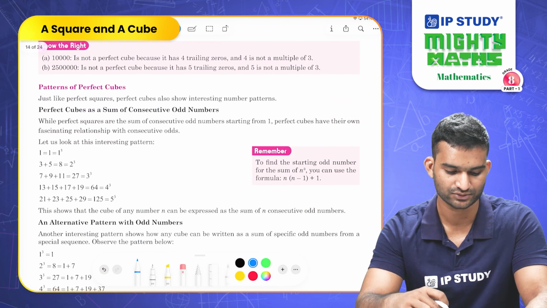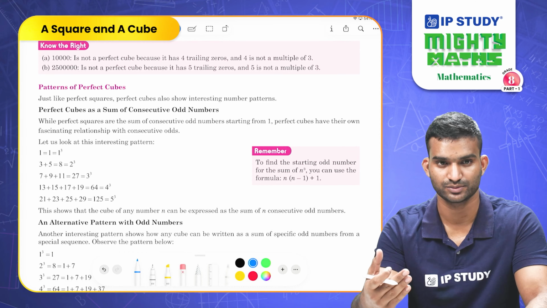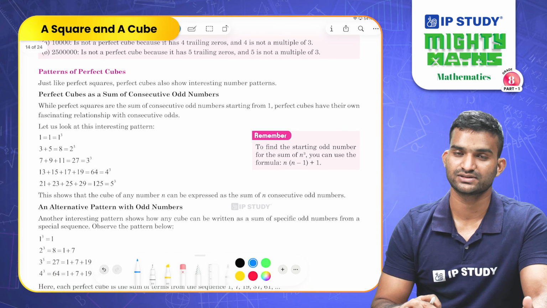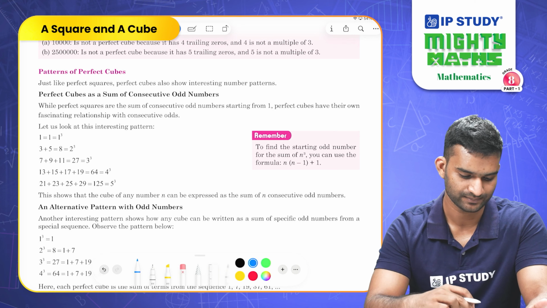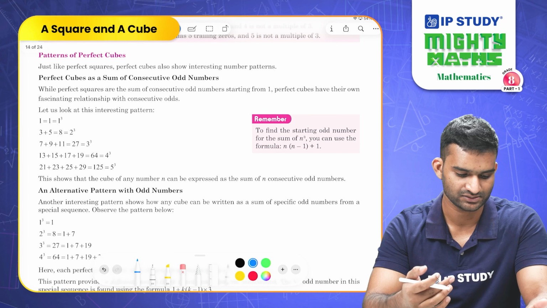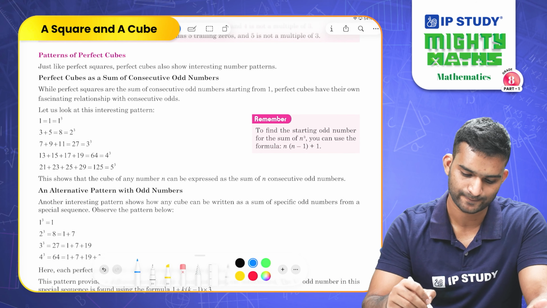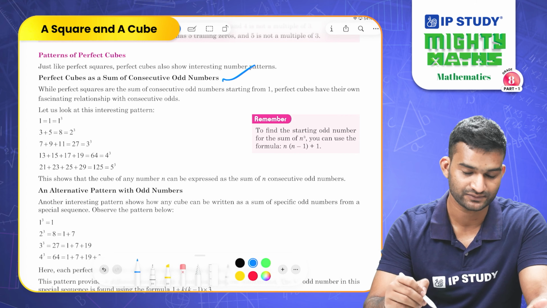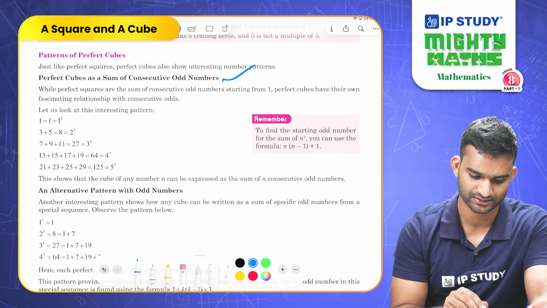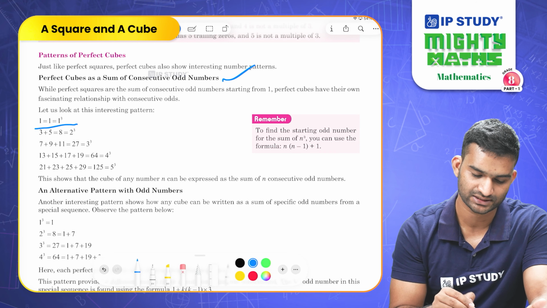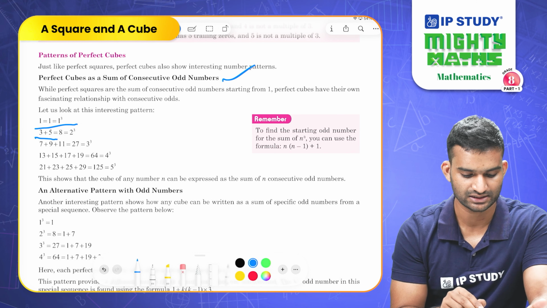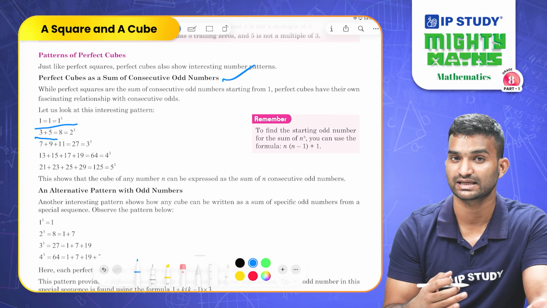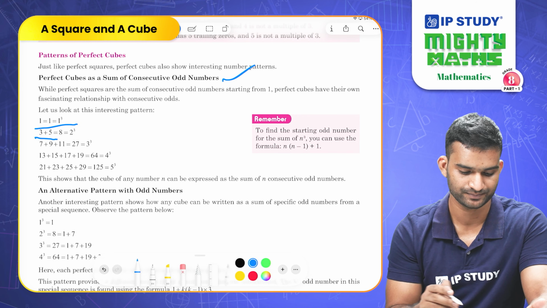Now let's move to certain patterns of perfect cubes. Like we have studied the same for square numbers, let's have a look at cubic numbers. The first pattern is that whenever we add consecutive odd numbers, we get a cube pattern. First, 1 can be written as 1 cube. When we add 3 and 5, we get 8, which is 2 cube.